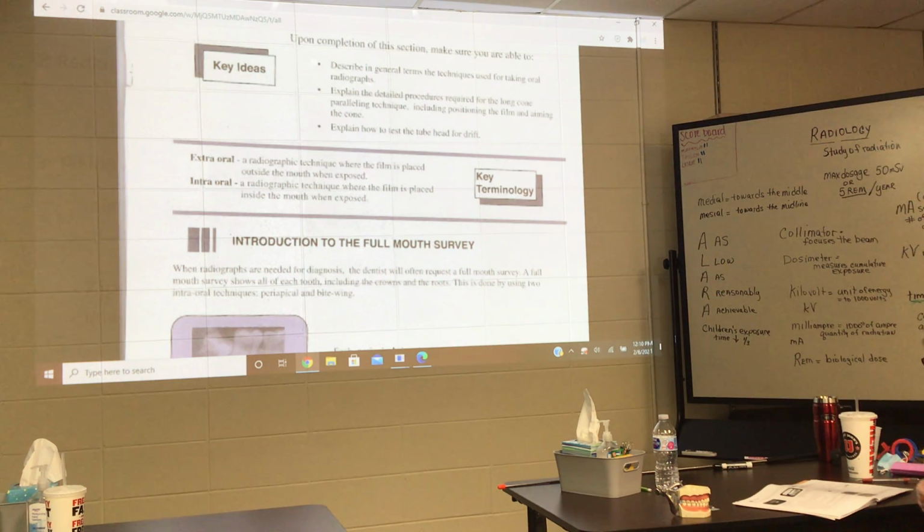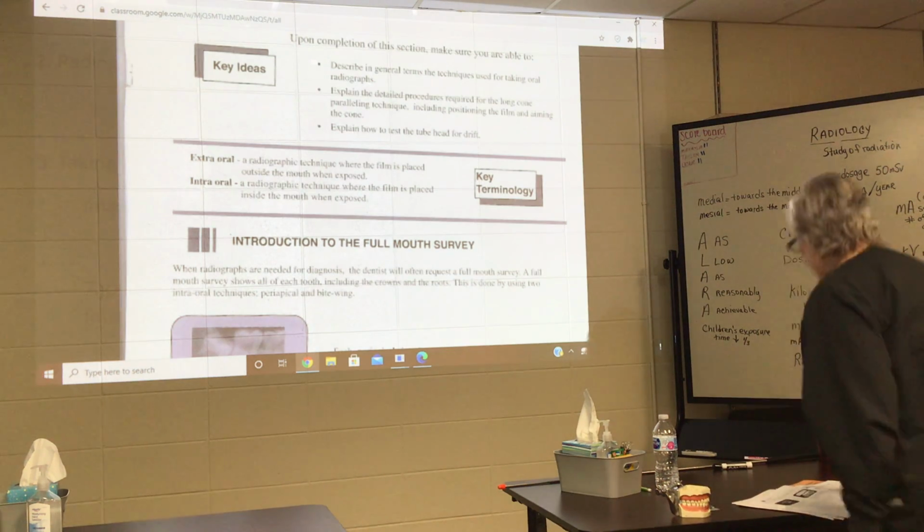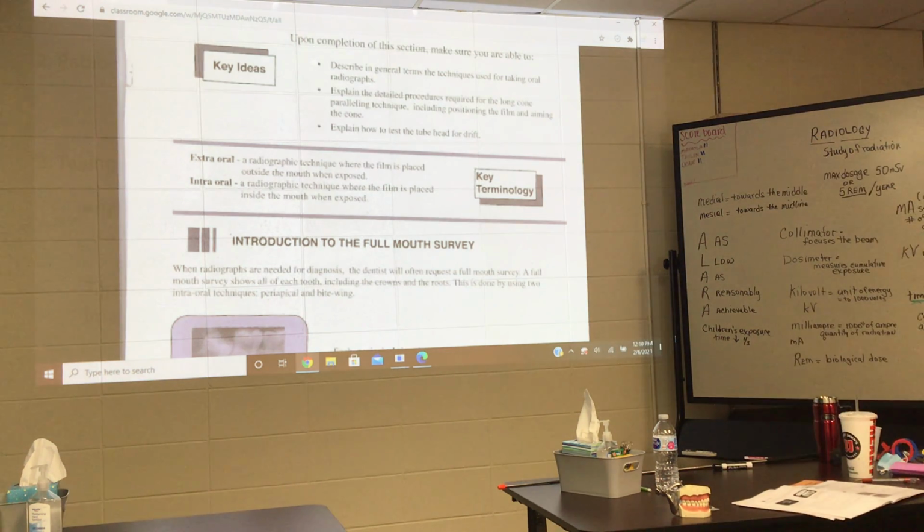That's the only reason they're ever taken. The dentist will often request a full mouth survey. A full mouth survey shows all of the teeth, including the crowns and the roots, and this is done by using two intraoral techniques. One is the periapical, or the PA.